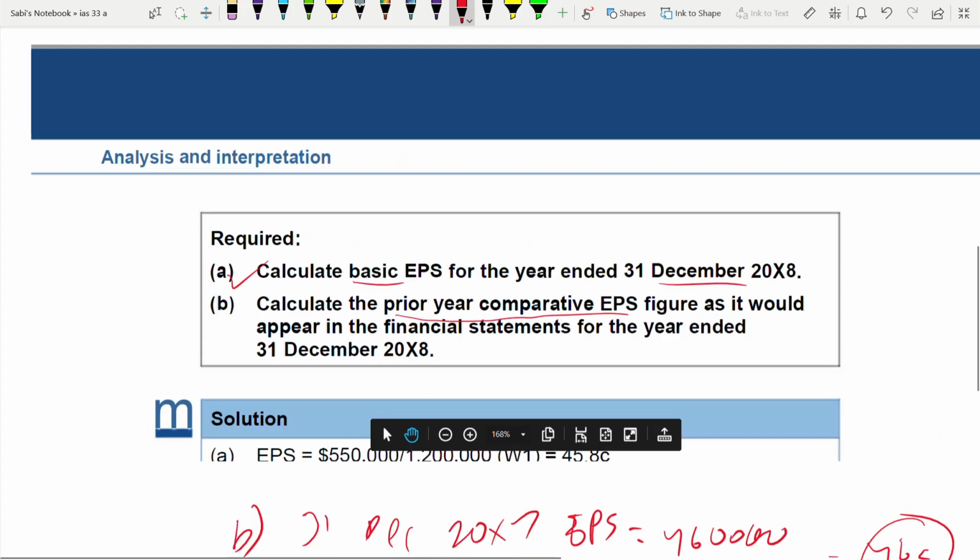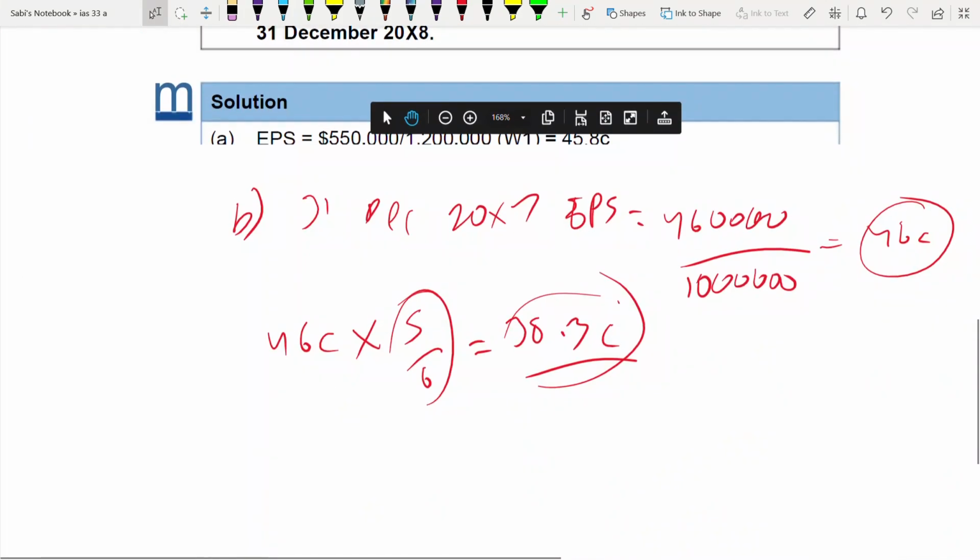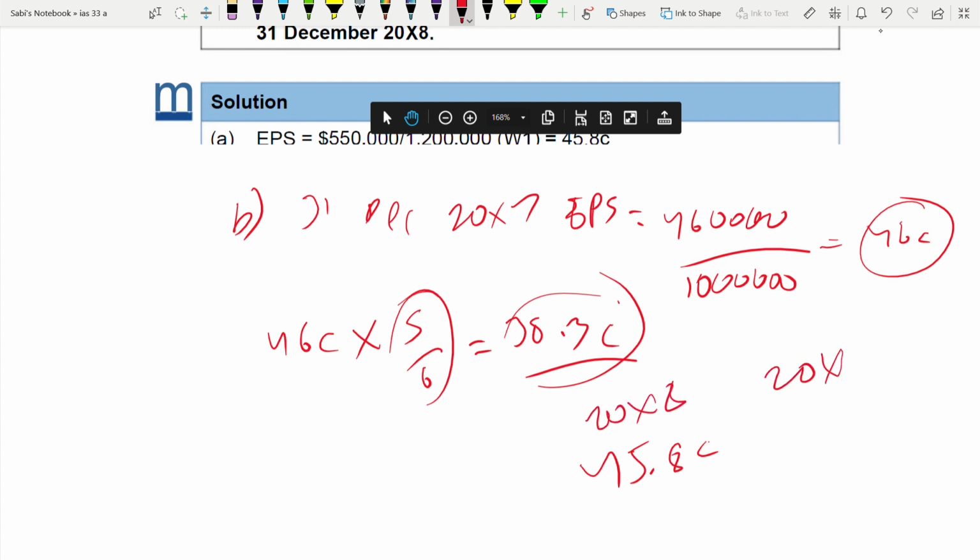Sorry, you compare this. What is it? 45.8. You see, it was 45.8 after bonus in 2008. But when you want to compare it with 2007, bonus was not there. So you have to take the impact of that bonus also there. That's why you are multiplying it with the inverse of this one.